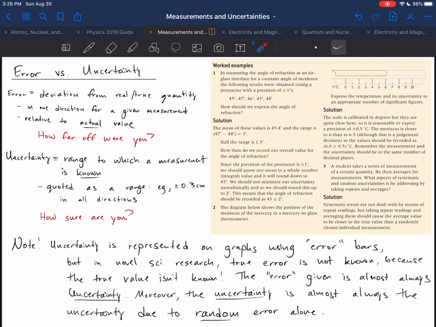If I could rewire everyone's brains, I'd call them uncertainty bars, but you have to be careful. In novel scientific research, true error is almost never known because the true value itself isn't known. Therefore, the error given is almost always a measurement of the random error and is representing the uncertainty on the measurement. And the uncertainty is almost always the uncertainty solely due to that random error.